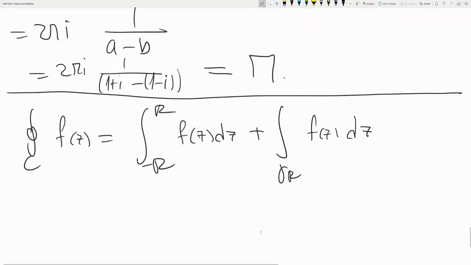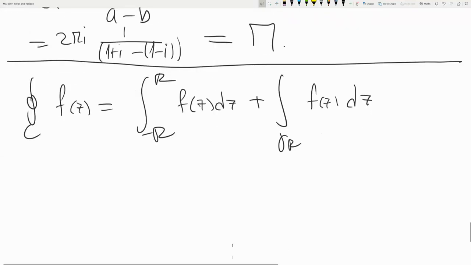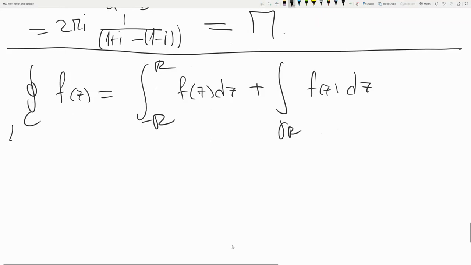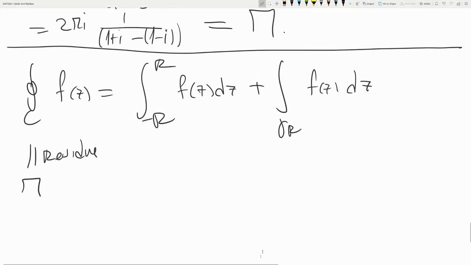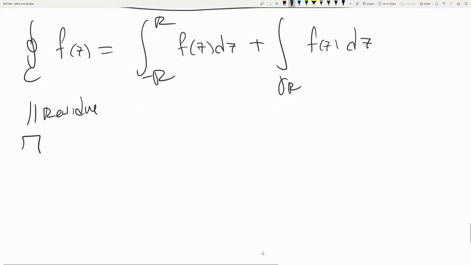Okay, so you have these two guys. We just showed by residue theorem that this is equal to pi. Okay, but it doesn't depend on R. As you can see, there is no capital R.